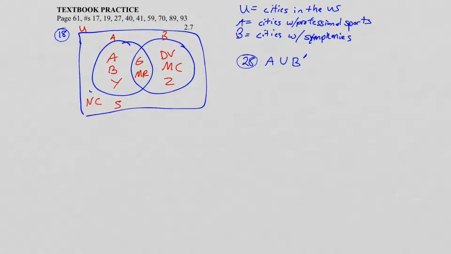Okay, so this is called set A union B complement. So the union of A and B complement.